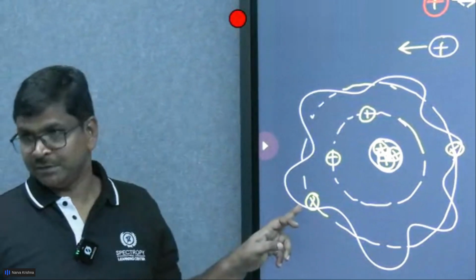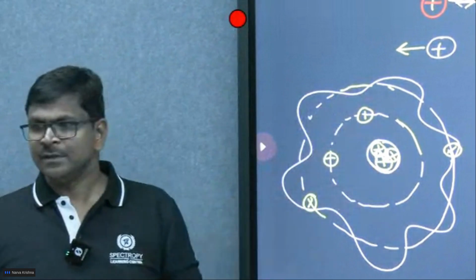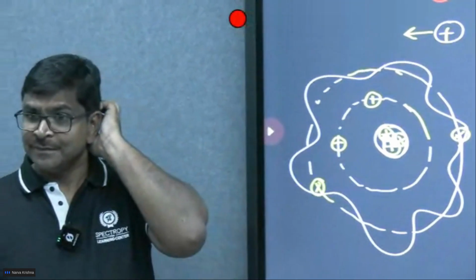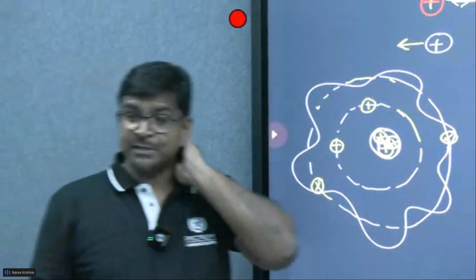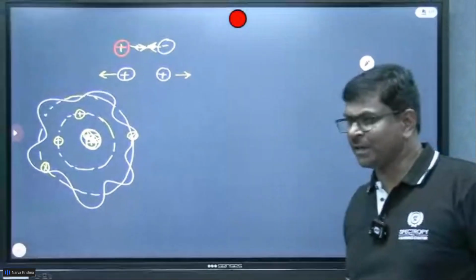The actual structure is like this. Sometimes the radius is more, sometimes less. What is making the electron move like that? Students should get these doubts and ask the teacher in grade 10 itself. You will definitely get them in either 9th or 10th.